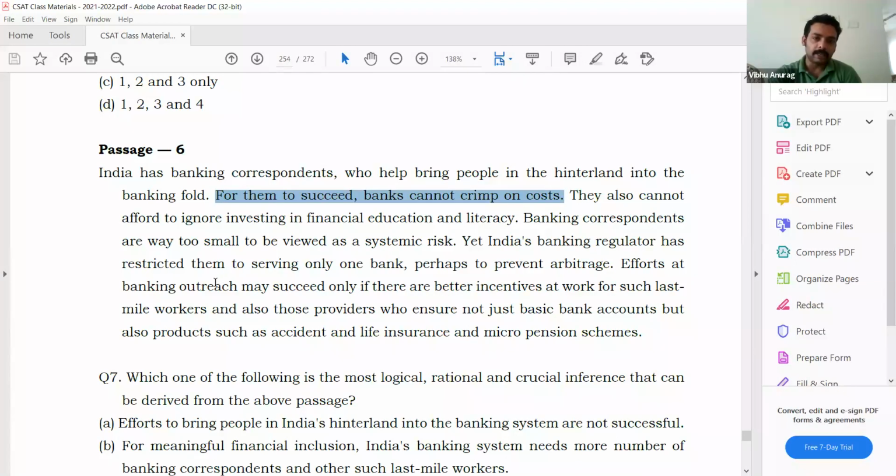Efforts at banking outreach may succeed only if there are better incentives at work for such last mile workers, and also those providers who ensure not just basic bank accounts, but also products such as accident and life insurance and micro pension schemes.